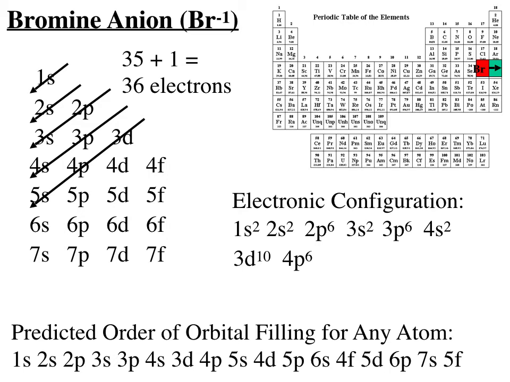So I'll put the 10 electrons in the D that I need, and I start counting them up. 2, 4, 10, 12, 18, 20 when I get through 4s2, and then I still need to continue onward, add in 3d, that's 30 electrons, then finally add on the 4p, and that will end me up at a total of 36 electrons by the time I get to the end of the completed 4p6.